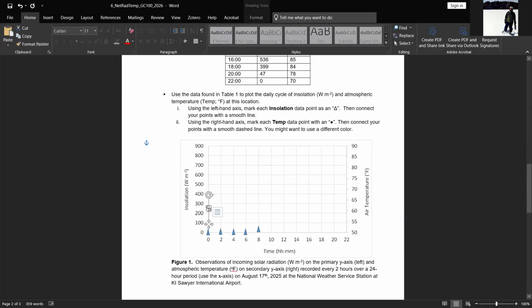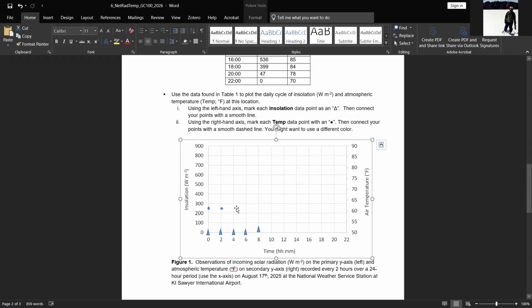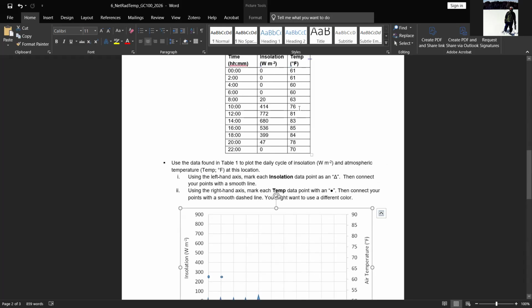You could similarly add another dot. I'm going to move that down a little bit. And so on and so forth, dot, dot, dot, and it goes down a little bit, dot, and you're going to keep going. And then eventually at 10 a.m., it gets up to 76 degrees, which is right around here.